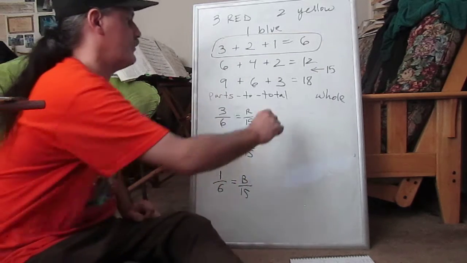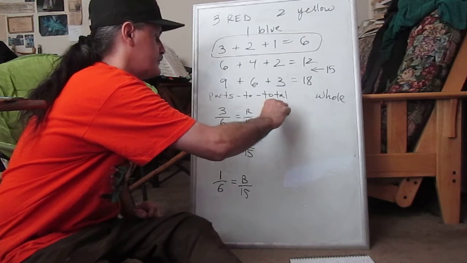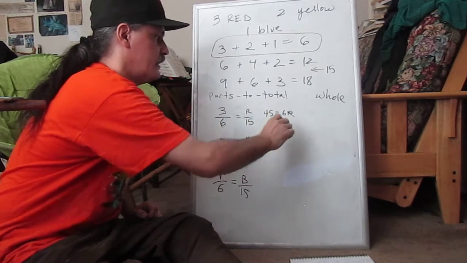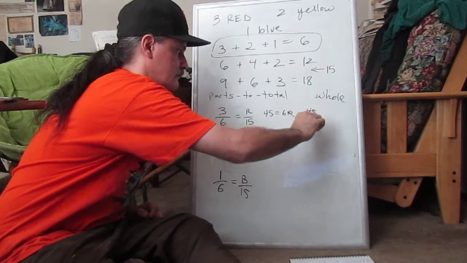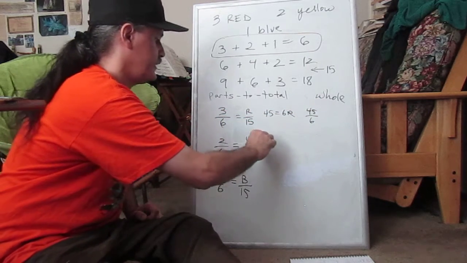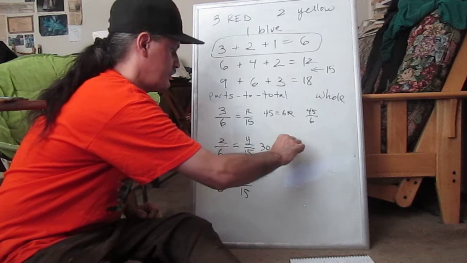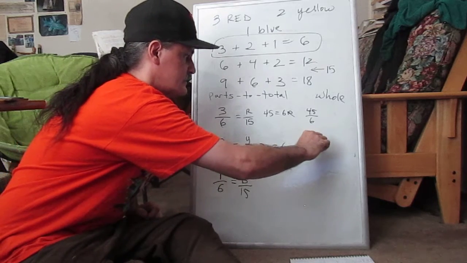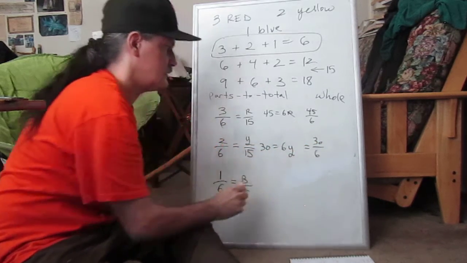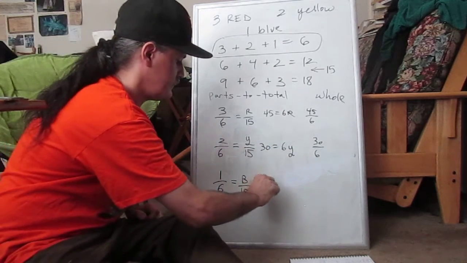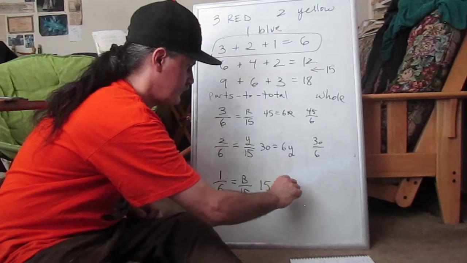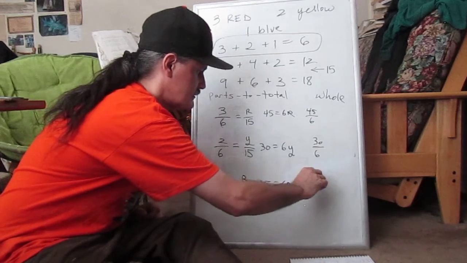Okay, and then you can cross multiply, so 45 equals 6 times R, divide by 6, right? 30 equals 6 times Y, divide by 6. And 15 equals 6 times B, divide by 6.